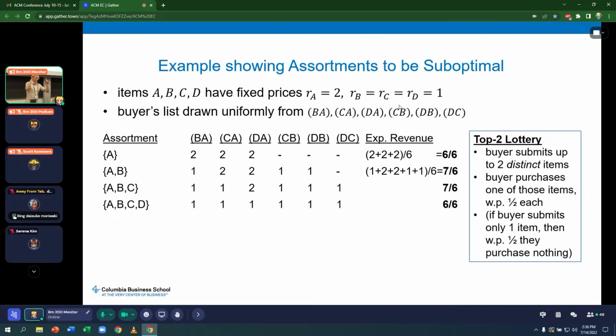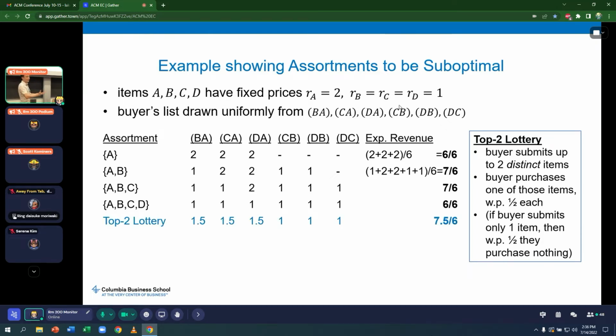Importantly, if you only submit 1 item, then you get what you submit with probability 1/2, and you get nothing with probability 1/2. So I claim that under this lottery, it's reasonable to presume that each buyer will submit both items on their list. Because even if my type is BA, I can't only submit B and have a higher chance of getting B. Because by definition, I would also want to submit A because I'd rather get A than nothing.